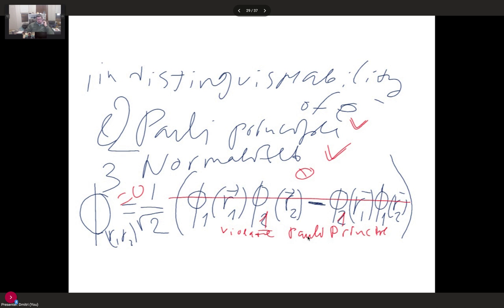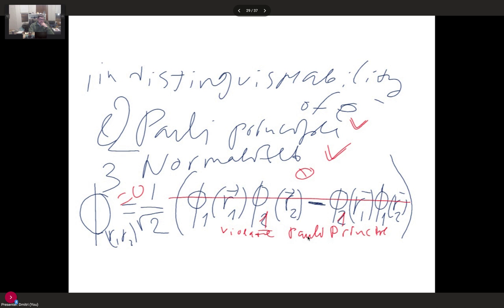For two electrons, it will be just two terms. The first term: the wave function with set of quantum numbers 1 for electron number 1, and the wave function with set of quantum numbers 2 for electron number 2, minus.